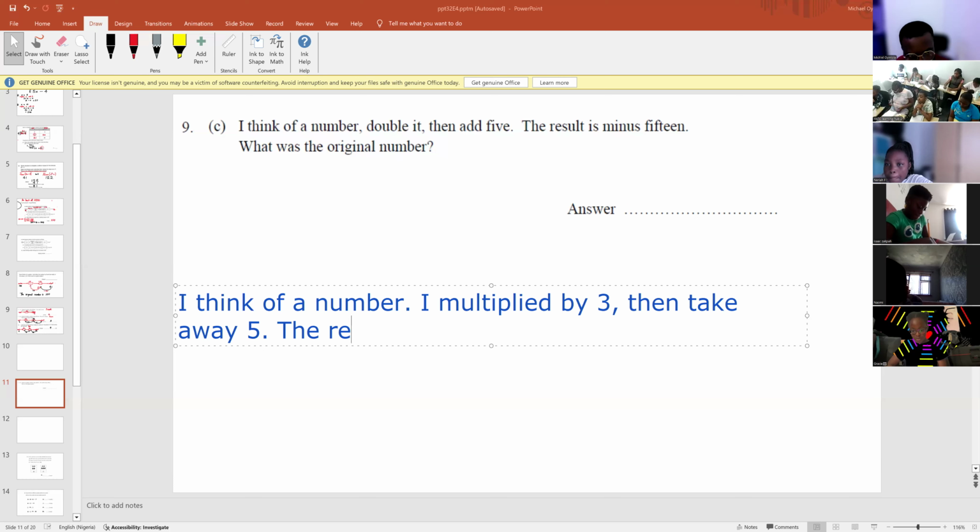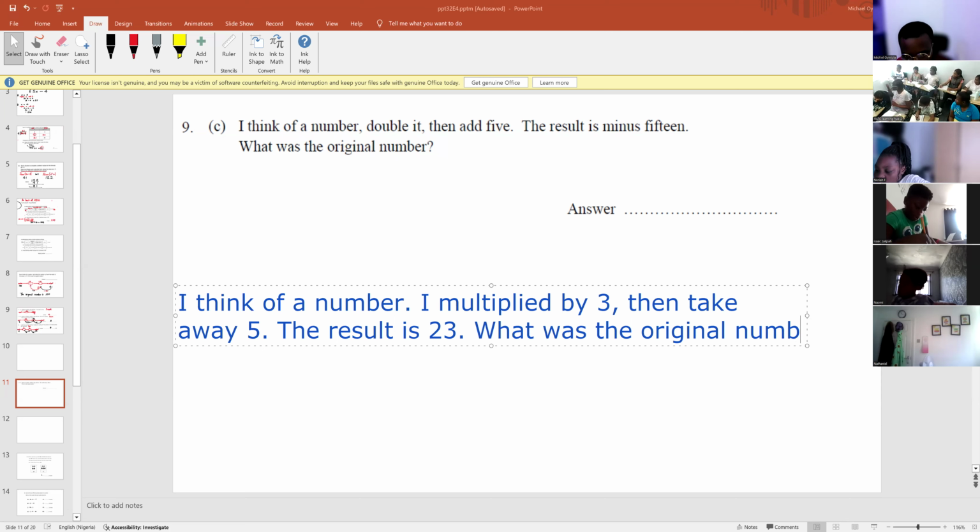So minus 15 is minus 20. You probably get it wrong because you do one thing in inverse, but then you do the other.